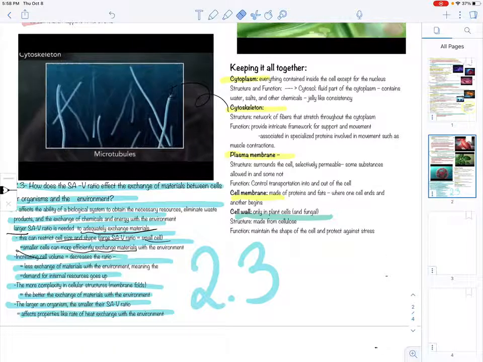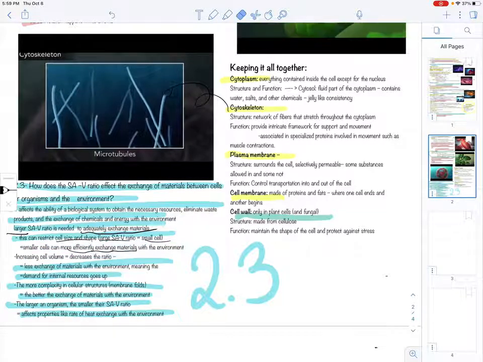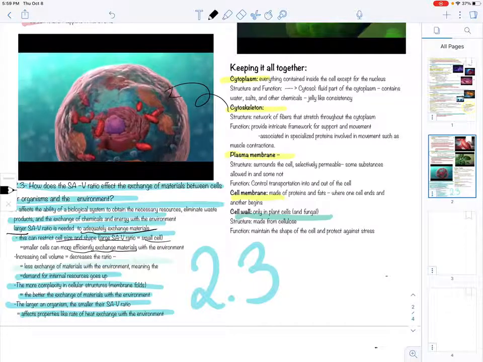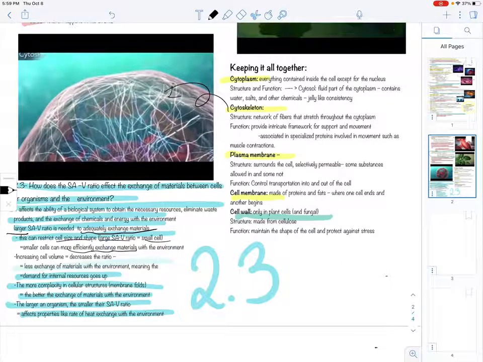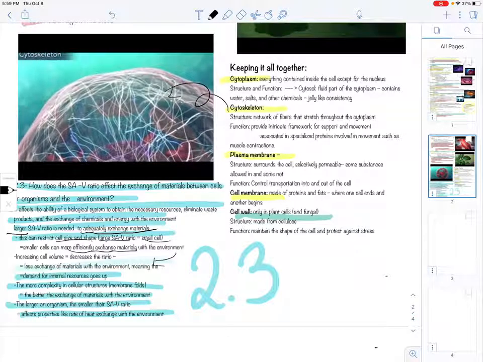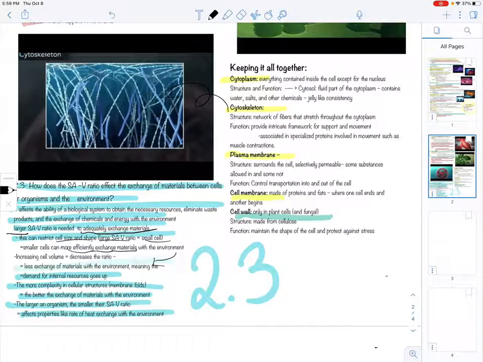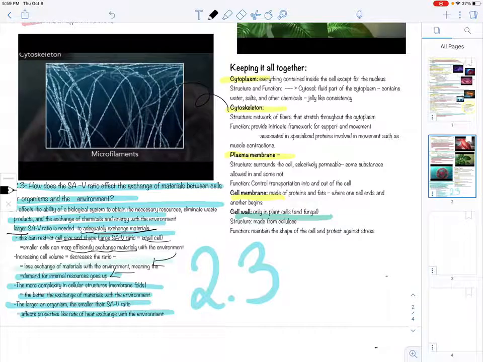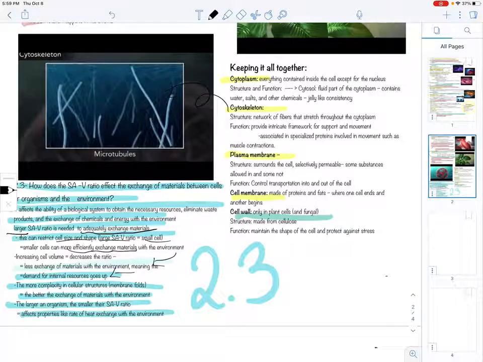If we were to increase the volume of our cell, we end up decreasing that ratio. And if we decrease that ratio, there's less exchange of materials with the environment. And if they're not getting that material from the environment, the demand within that cell for internal resources goes up.